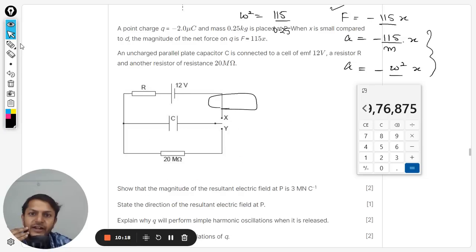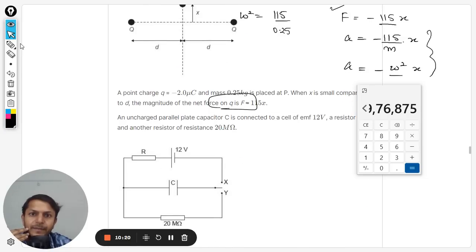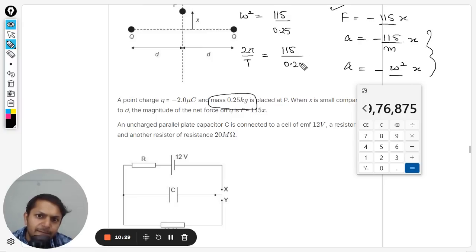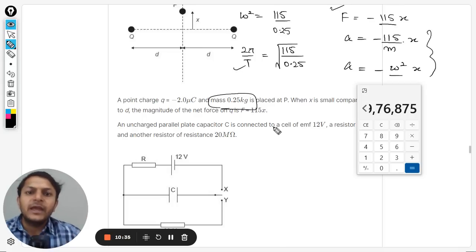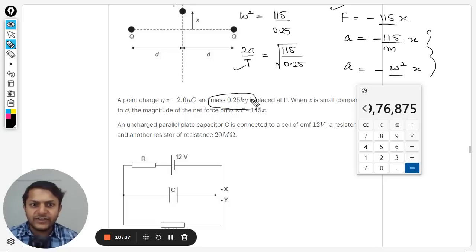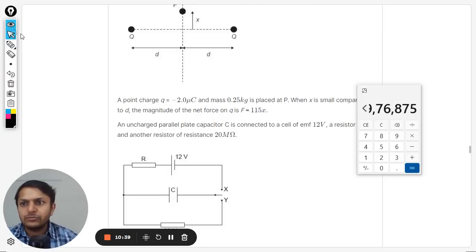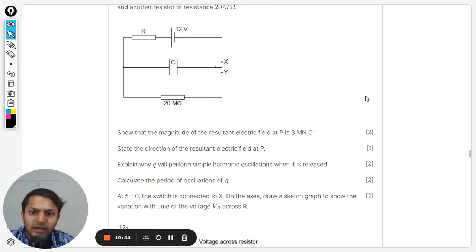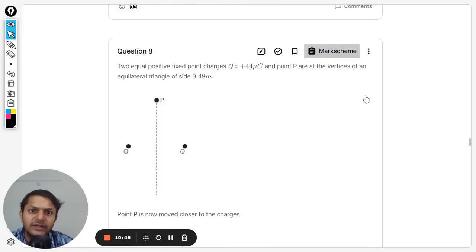Yeah, we're going to find the omega here, and after that omega will be 2 pi by capital T, square root, and capital T can be found. So this is how we do this question, and I'm not calculating each and everything again. I'm just using the mark scheme for that sake. So I will not be calculating this thing. Okay. So let us go to the mark scheme and see what they have done.